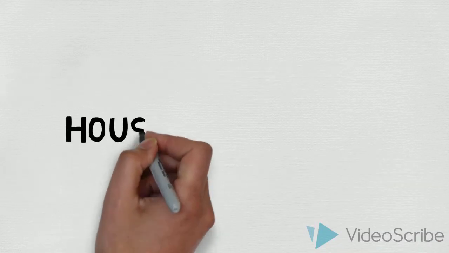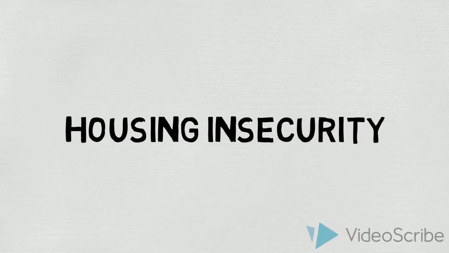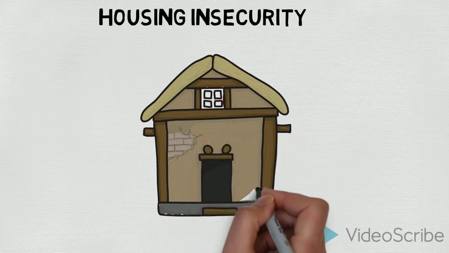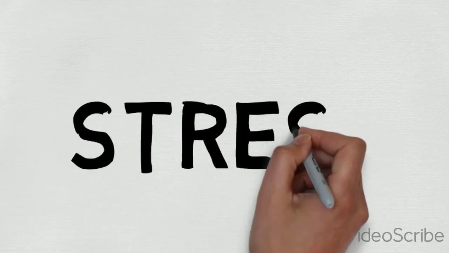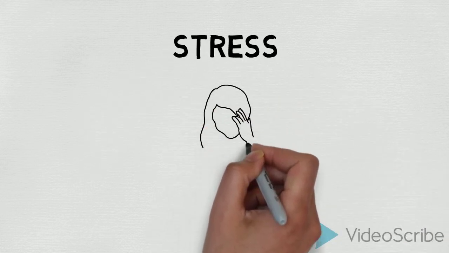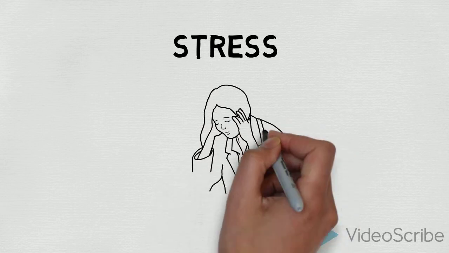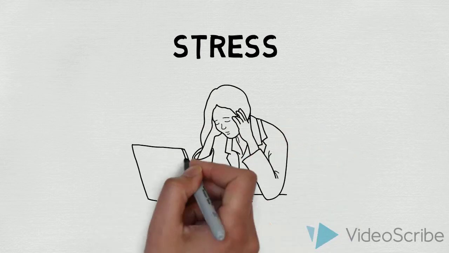It can also result in housing insecurity, meaning you won't be able to afford a safe and clean environment to live a healthy lifestyle. Lastly, studies have shown that when women work outside the home and do most of the domestic work, their long-term health suffers. According to Statistics Canada, women at every age are more likely than men to suffer from stress.